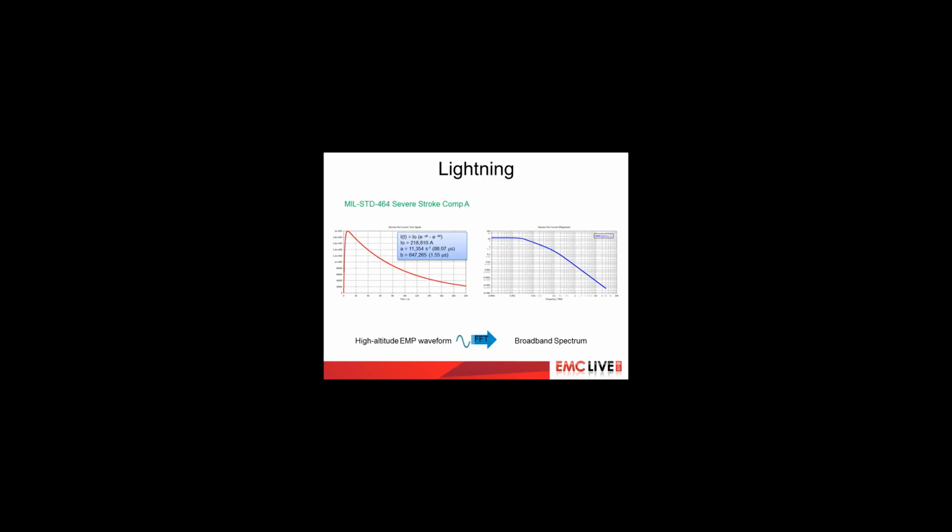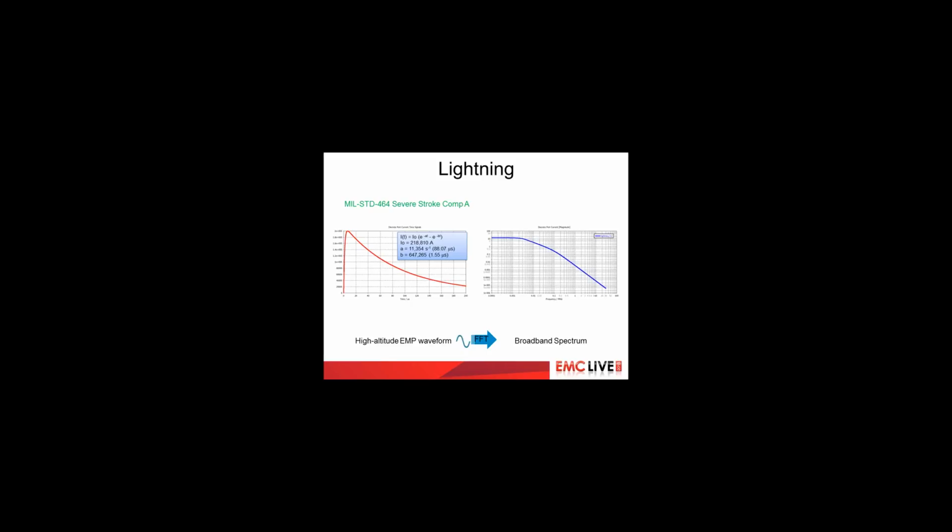It reaches a peak level of 200,000 amps, according to the MIL standard, one of the definitions in the MIL standard. And this is reached in a few microseconds. With the EMP, the peak was reached in a few nanoseconds. With lightning, it's a few microseconds. So it's a lot slower waveform, which means that the spectrum contains lower frequencies, as shown on the right-hand side by the Fourier transformation.